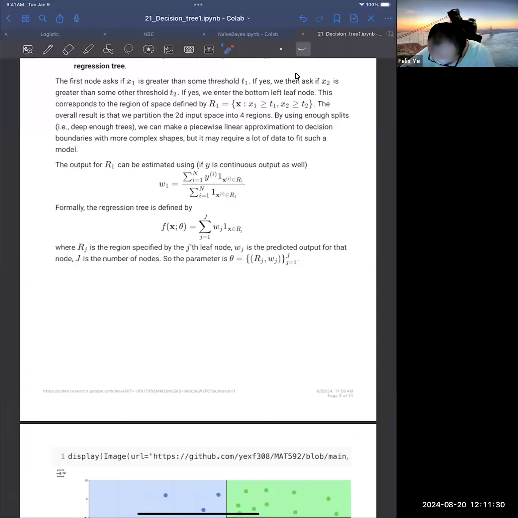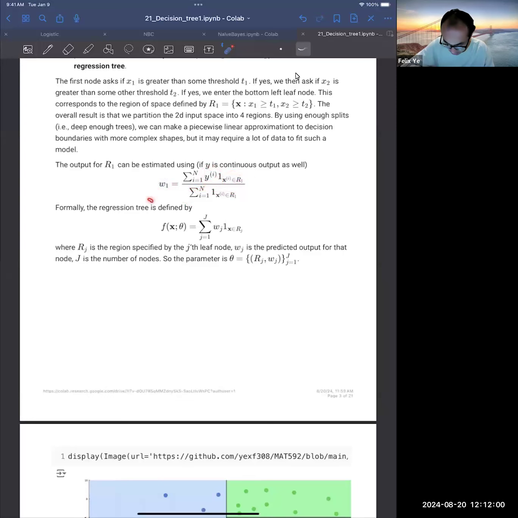So mathematically speaking, we're trying to make this estimate by getting the weight W1, which is basically the sum of all the yi in these regions divided by the total number of data points.